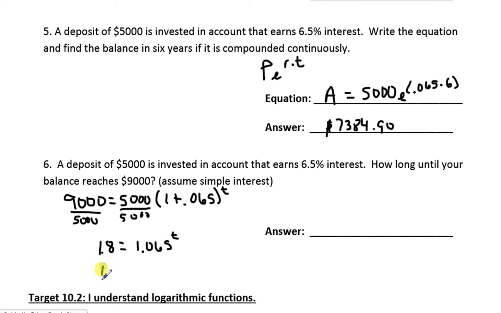So to rewrite it as a log, it's log base 1.065 of 1.8 equals t. And if we don't have log base 10, we can rewrite this with the change of base formula. So this is equal to log on your calculator, or you could use natural log, of 1.8 divided by the log of 1.065.